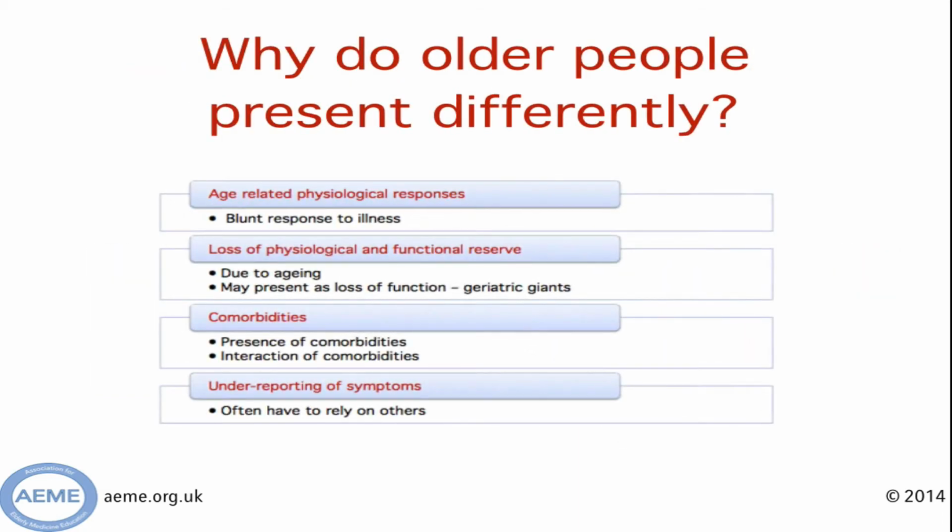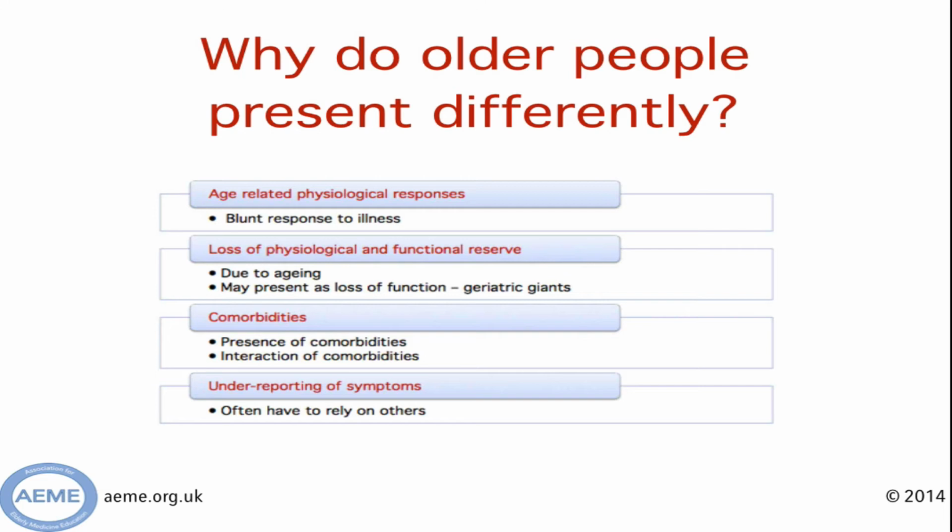So why do we get atypical presentations in older people, and why is it a problem? There are 4 reasons. First of all, there are age-related physiological changes, and older people have a blunter response to illness. They do not have the same acute physiological response that young people have.